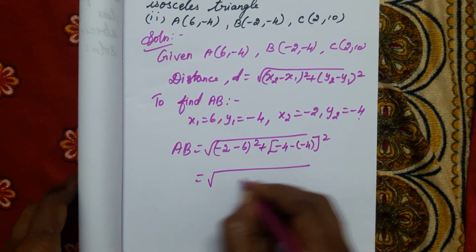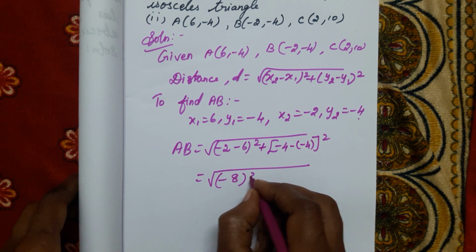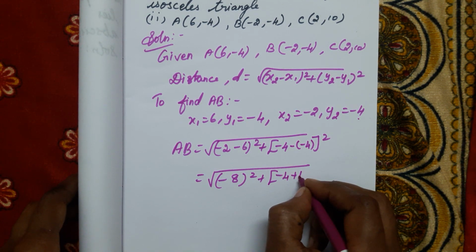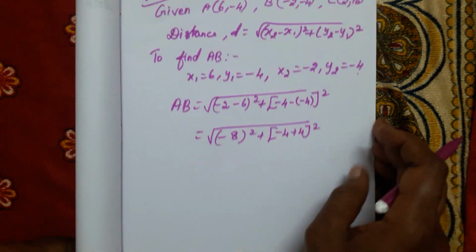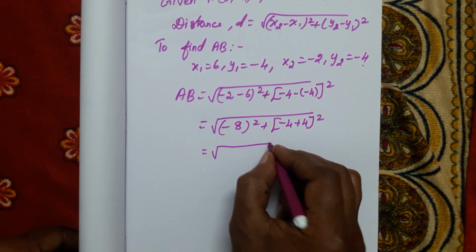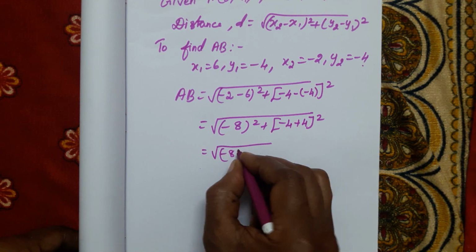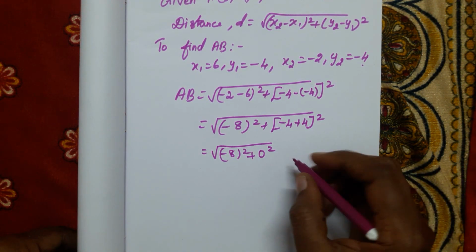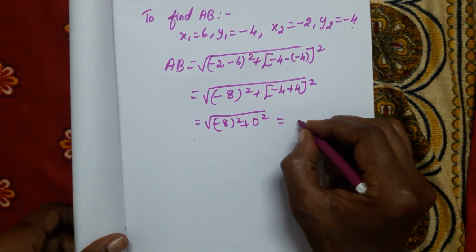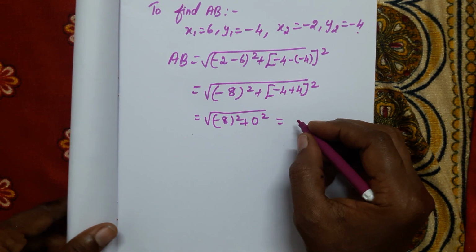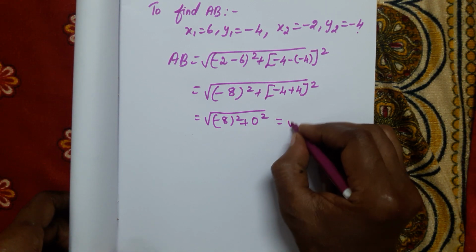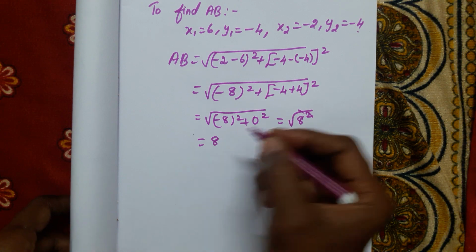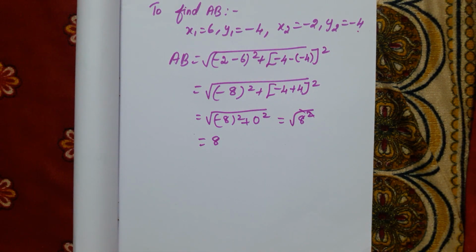It's equal to root of (-8) the whole square plus, minus of minus means plus, (-4 plus 4) is 0 square. Minus the whole square is plus. So 8 square is equal to 8. AB is equal to 8.